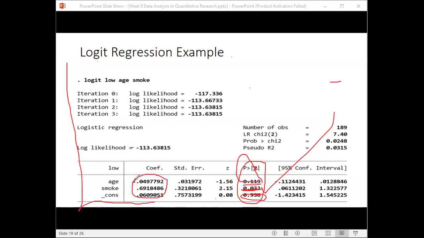This is negative, so it will reduce it. This is positive, it will increase this. This is positive, it will increase it. It's okay, just that. We don't go and interpret the 0.049, no. We have something called the marginal effects, MFX. Okay, so after this output comes, we put another command which brings about another result, which is the marginal effects. Those are the ones that you interpret the coefficient, not the iterations output that you see.